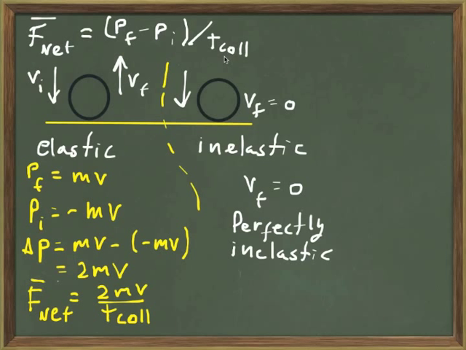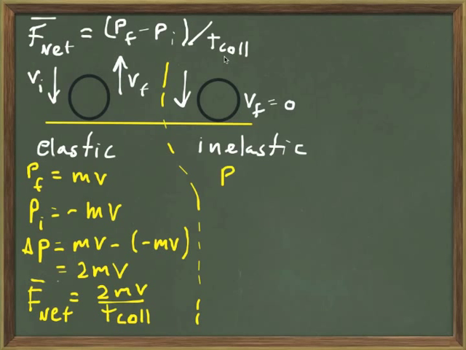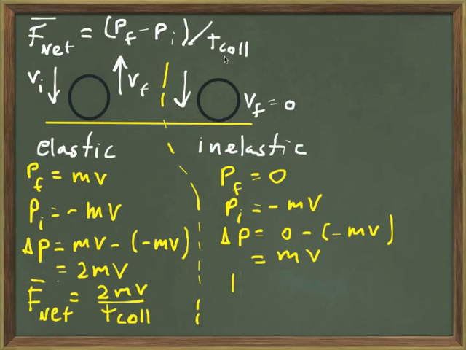Let's do the same exercise for the inelastic one. We know that the initial momentum is going to be the same as before, minus mv, and that the final is going to be 0. So what's the change in momentum? Final, 0, minus initial, and the initial is minus mv, so minus minus, you get mv.